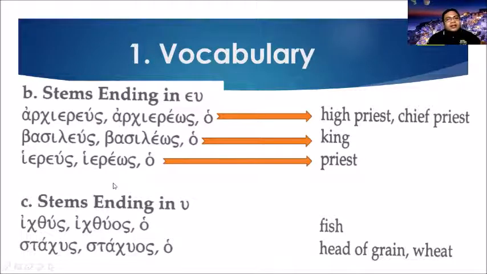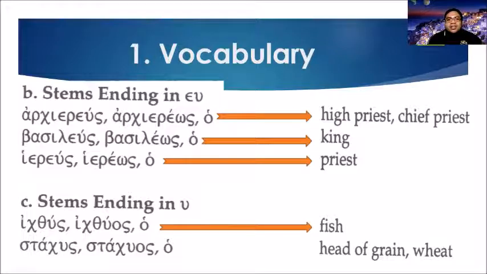And finally, let's have the stems ending in upsilon only. You have the word ichthus, and in the GA it is ichthuos. What happens here is you lengthen by adding the omicron. In the stems ending in epsilon-upsilon, you lengthen by adding the omega. So ichthus means fish, right?